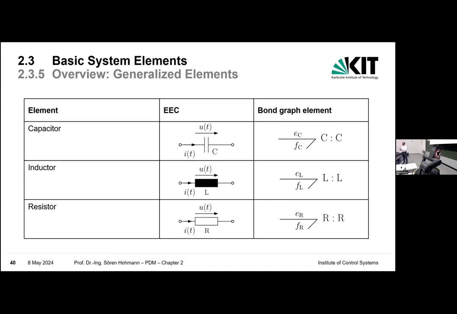So if you go down to the question, what governs a so-called lumped parameter system, then we end up saying, okay, we have two types of storages, one dissipative element, and that's it. Basically, if we look just at the one-port elements, one port means one power port.